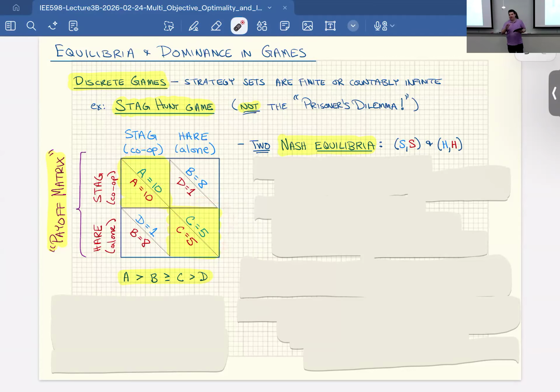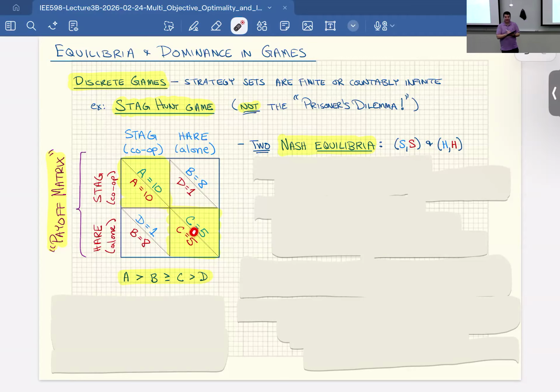So if you live in this world where both play stag, if the other one keeps playing stag and you decide to play hare, your benefit will decline. You'll go from a 10 to an 8. So that's not good. So if you're both playing stag, you should both continue to play stag. Now, if instead you're both playing hare and you're both getting a 5, there's also no benefit for you to change.